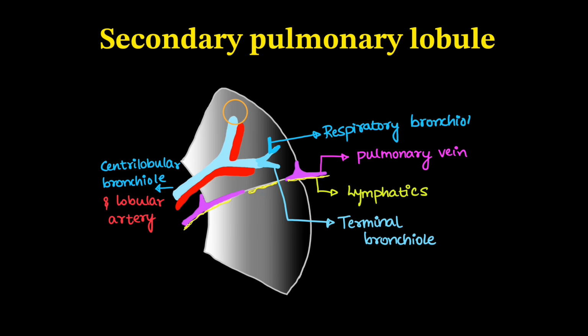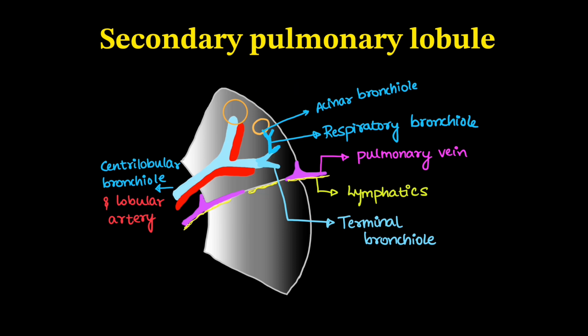That will go on further to divide into multiple smaller branches which supply the acini. These are the acinar bronchioles. The last or the functional unit of the lung is the acinus or the acini. Along with the bronchiole, we can see lobular arteriolar branches also supplying up to the acini.